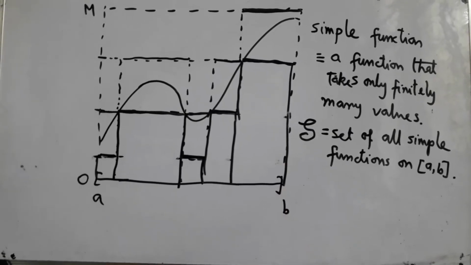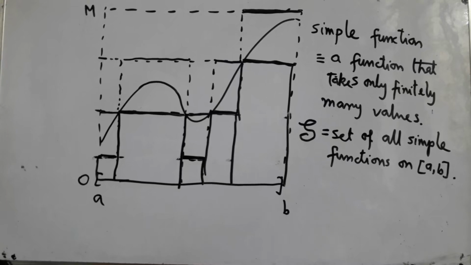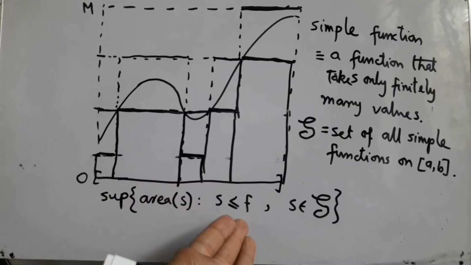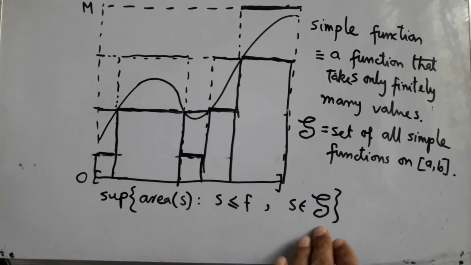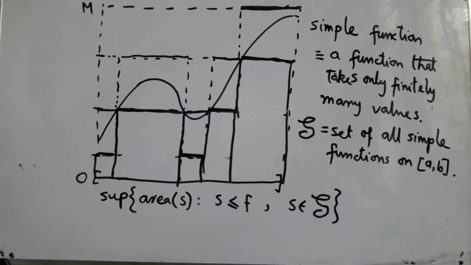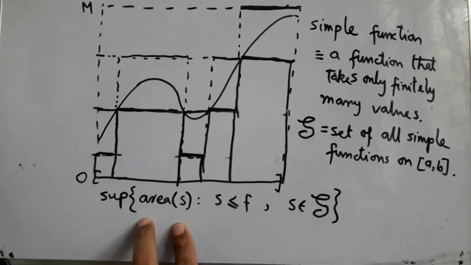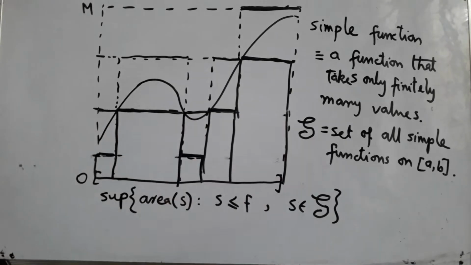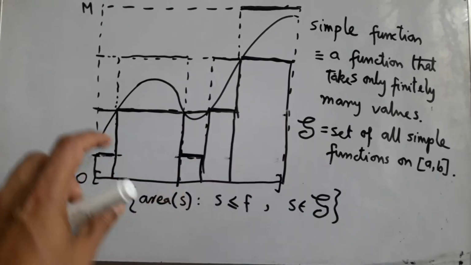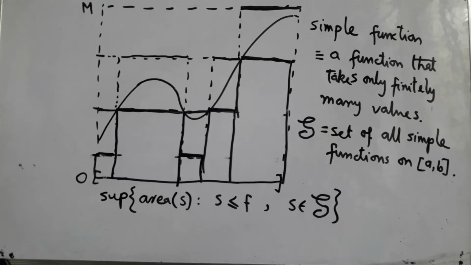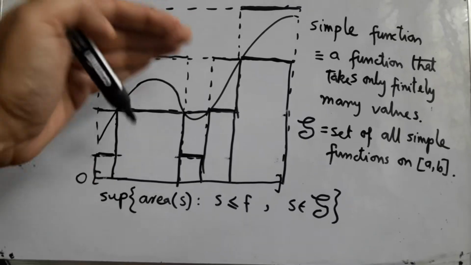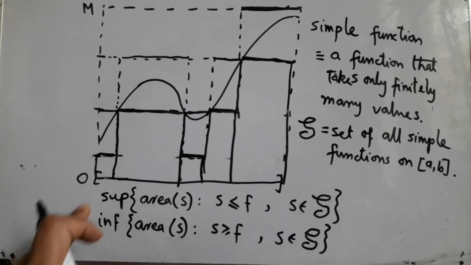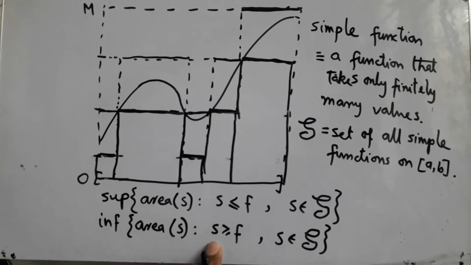Now I will write that standard inf sup argument. When I approximate it from below, I do it like this: S is less than or equal to F, S is a simple function, and I am computing its area. Well, area, as in this example, again it's just a bunch of rectangles, so length of the base times the height. And I do it again from above, where I work with inf rather than sup, and this inequality has reversed.